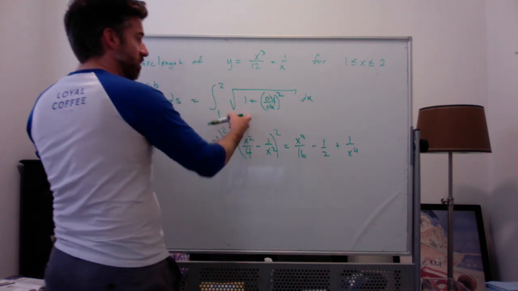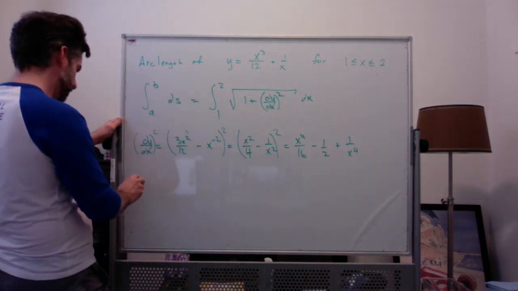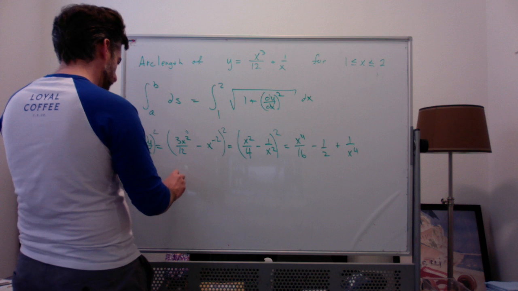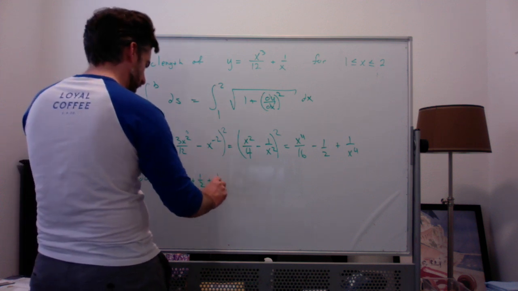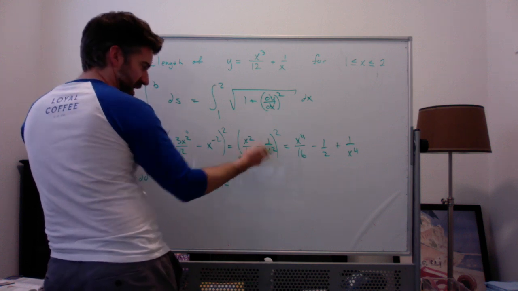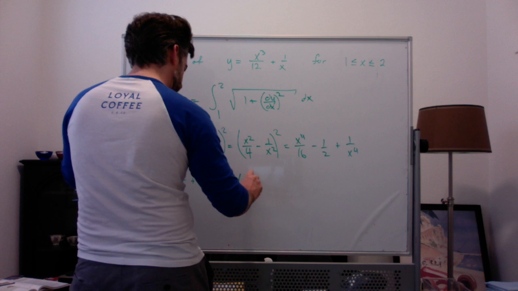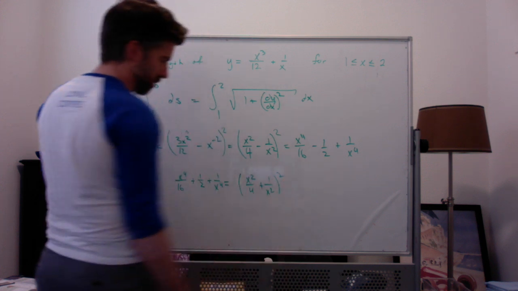And then if I add 1 to this, I'm going to get x to the 4th over 16 plus 1/2 plus 1 over x to the 4th, which factors exactly the same as this, except the middle sign should change. This is going to be x squared over 4 plus 1 over x squared, quantity squared.